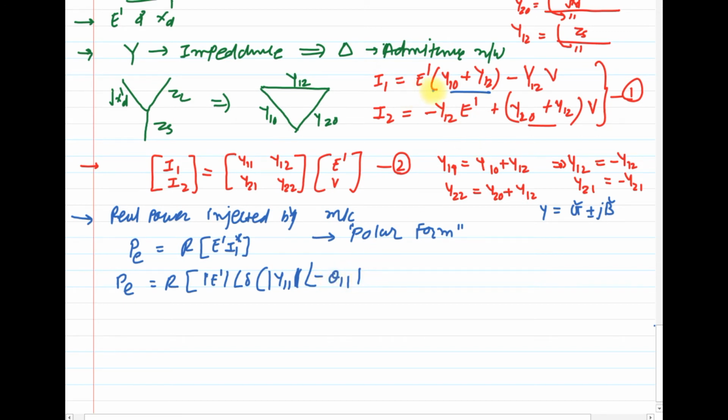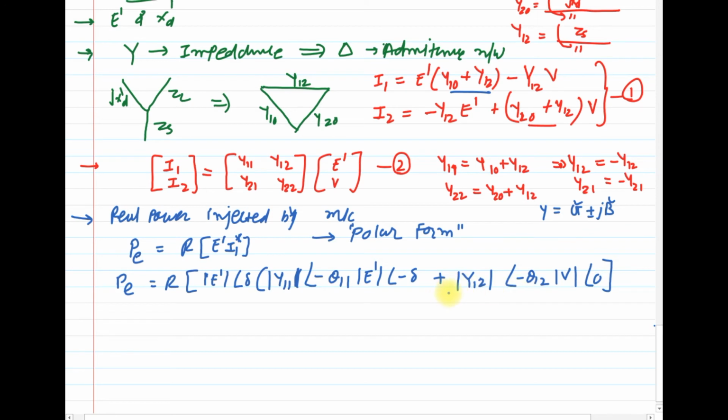And the voltage again, which is E dash into, now again as we have considered the conjugate here, so we'll consider the angle as minus delta. Clear? Plus, here we have considered plus just because of this conjugate, plus y12 angle minus theta 12, again this voltage magnitude V with an angle 0.